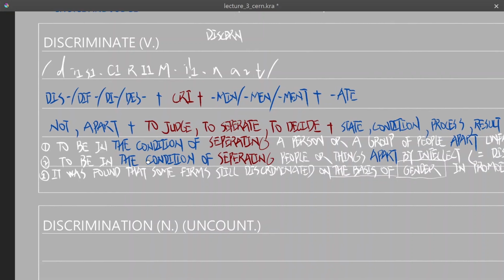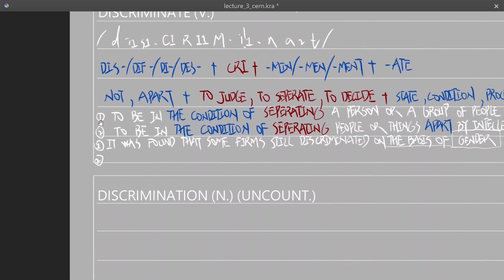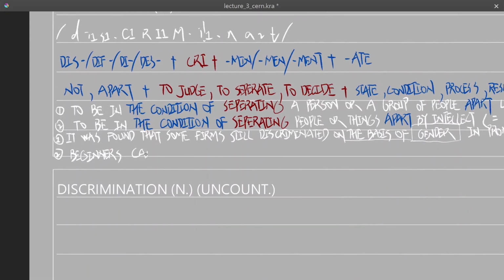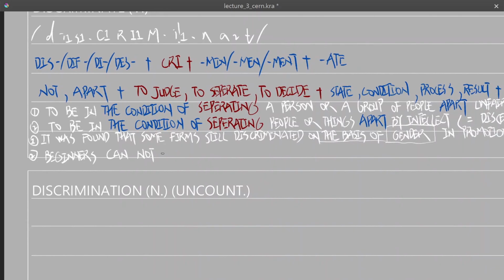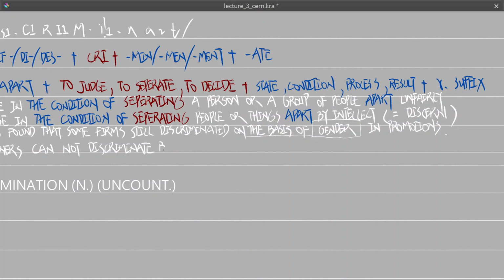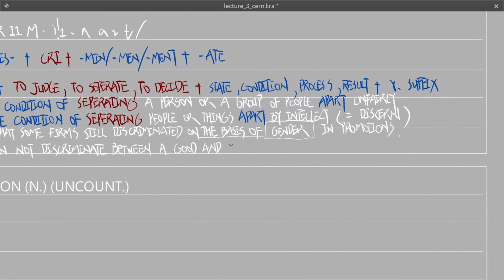Right, discriminate. For example, beginners cannot discriminate between the good and bad design.